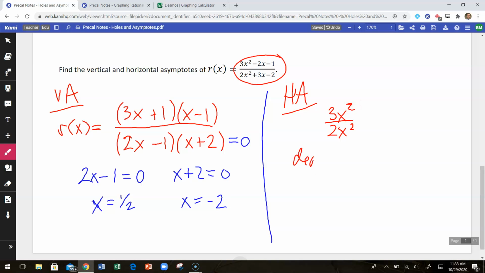And because the degree of the numerator is equal to the degree of the denominator, they are both power 2, that means that our horizontal asymptote happens at y equals the ratio of the coefficients, which is 3/2. So there would be a horizontal asymptote at the line y equals 3/2 there. Because the degrees are the same, I compare the leading coefficients, which would be 3/2.